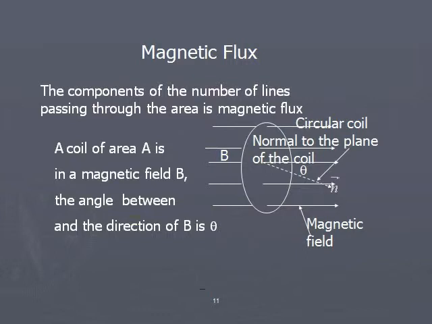Now let us define flux. If A is the area of the coil and n bar is unit vector along the normal and B bar is magnetic field induction vector, then the flux is defined as phi is equal to A n bar dot B bar.